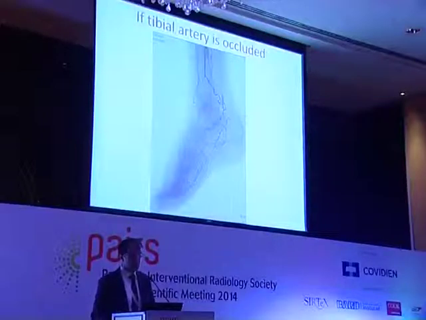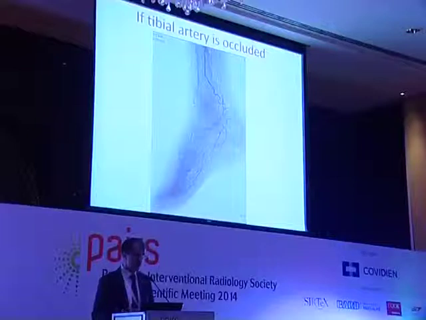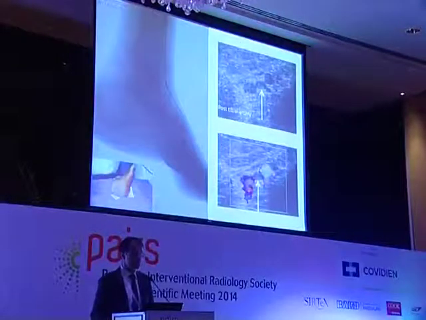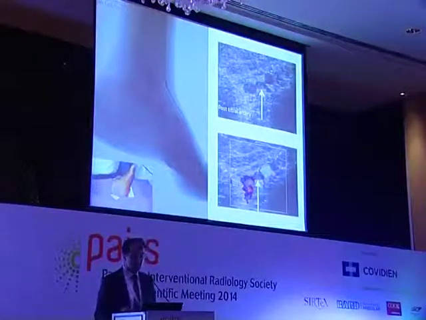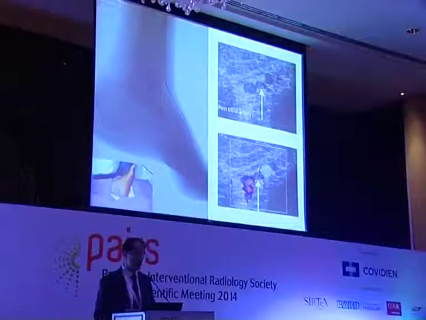If the tibial artery distally is occluded, we have a lot of Buerger disease patients, and in those patients, distal tibial arteries are occluded. When we cannot come from the antegrade, we have to puncture these occluded arteries. These are rare, but we have used ultrasound to successfully puncture these occluded tibial arteries, 7 or 8 cases at most.